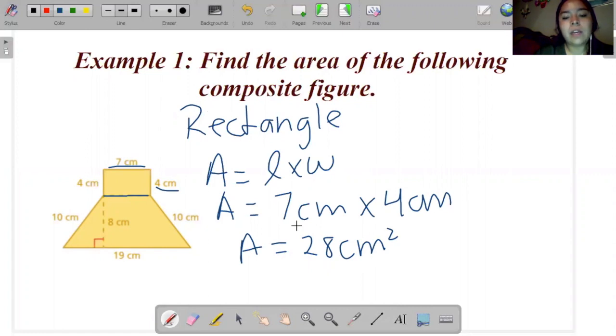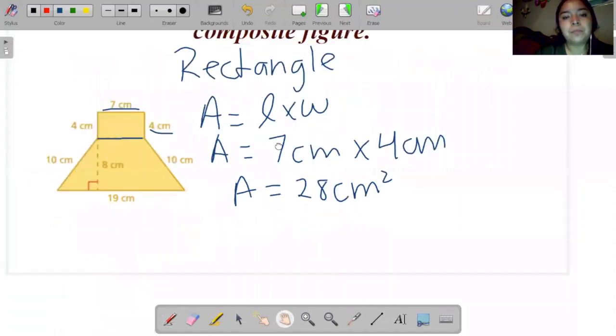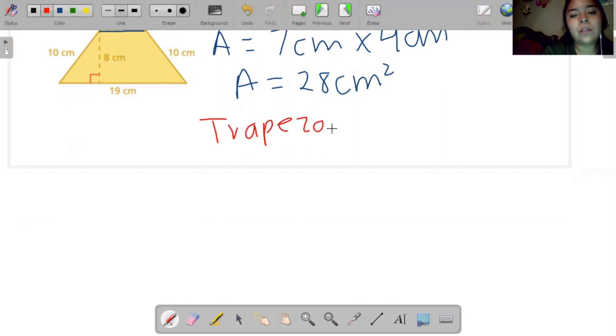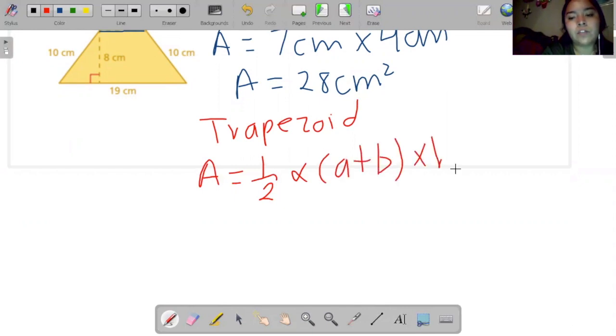So now let's find the area of the trapezoid. So we know that the formula to find the area of a trapezoid is A is equal to 1/2 times (a plus b) times h. So we know that a represents the short base and b represents the long base.